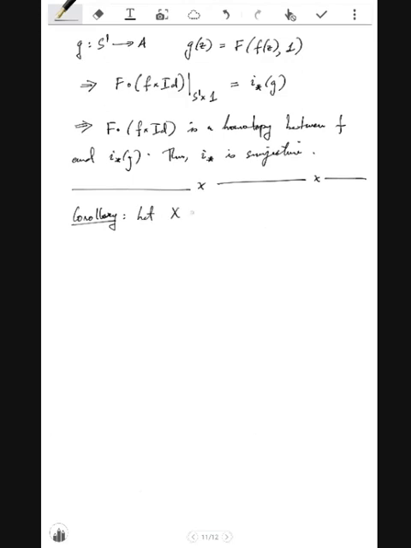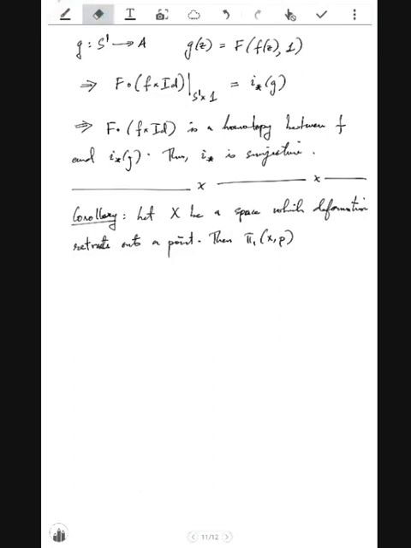Let X be a space which deformation retracts onto a point, then pi1 of X comma p is trivial. So let's say onto a point p.